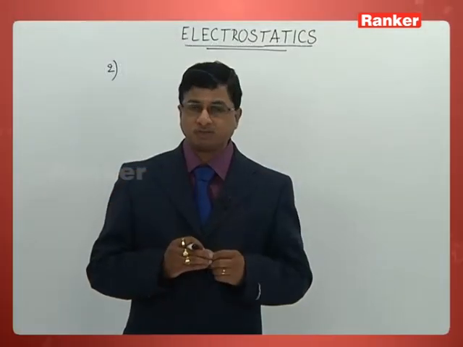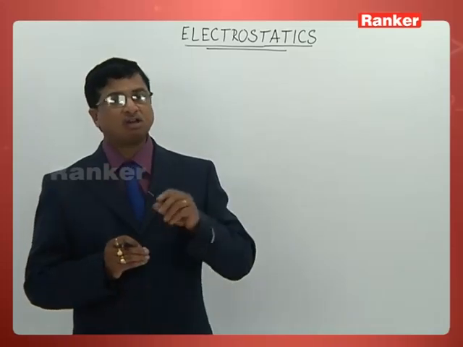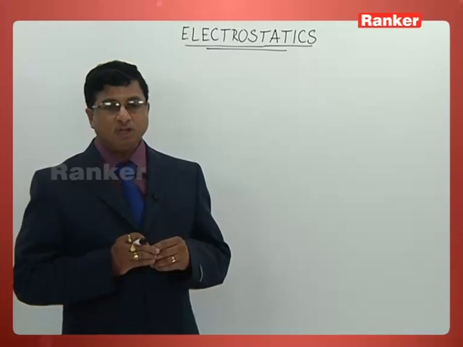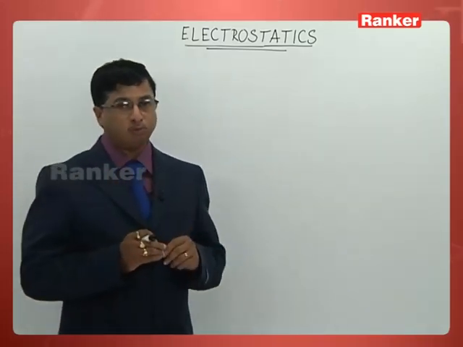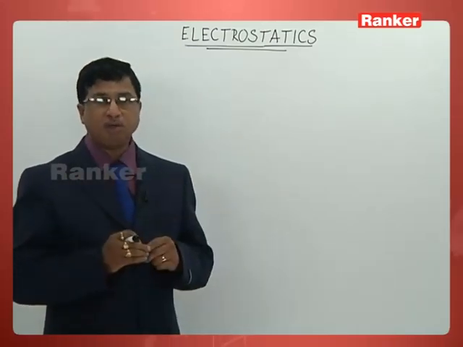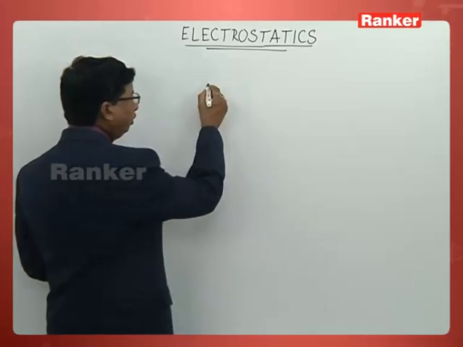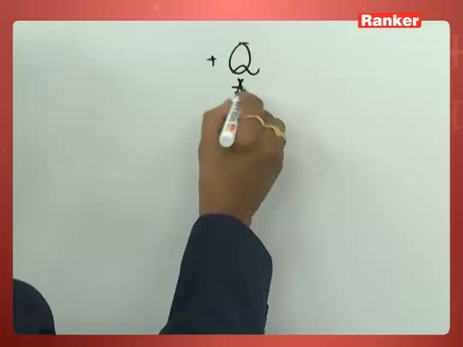But let us check first of all, what is the condition for equilibrium of charges in a particular system. Let us start this way. Two free charges plus q and plus 4q are placed at a separation of L. That's what has been mentioned. So if I just show you here, this is the charge q.